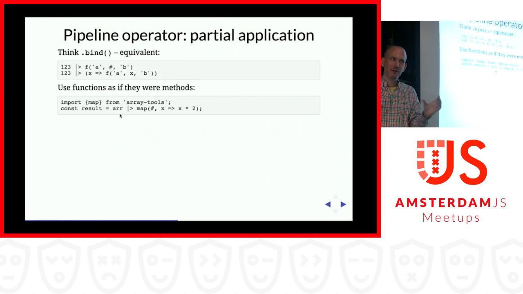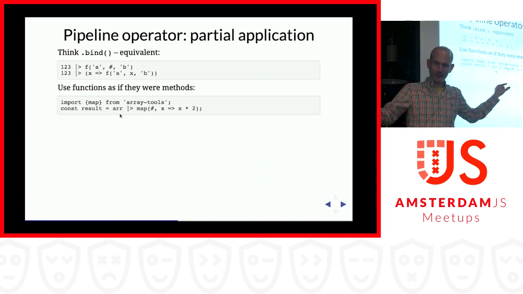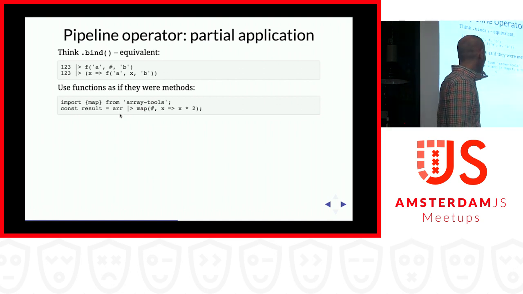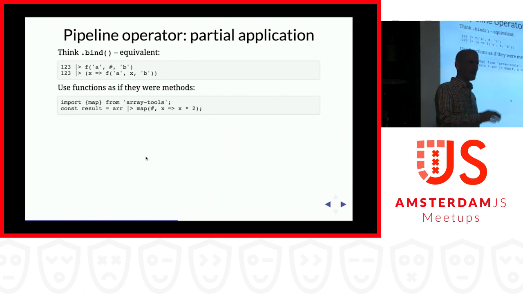It could be a separate thing, but I think it's good that the partial application thing is tied to the pipe operator, because if it were a general thing, then you would have difficulty with how far the scope extends and so on, and it would become kind of strange.